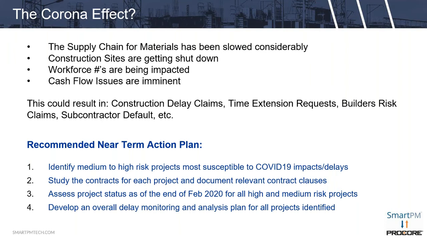This may involve getting some project controls people involved and maybe even looking at some photos just to make sure that this schedule's been statused properly, that we believe it's ready to go for the future, that it's not overly compressed, that it's essentially re-baselined if necessary. And then putting this delay monitoring and analysis plan into place and delivering that plan to your counterparts.